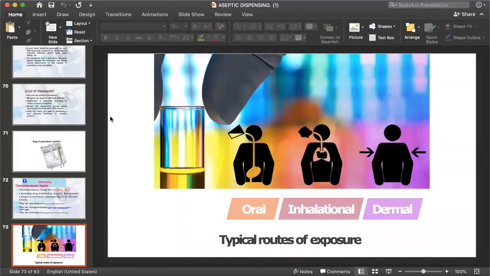You can inhale the fumes of these drugs through the nasal route, and with dermal contact, drugs can be spread over the body of the worker and produce certain effects. So these are the routes of exposure of these hazardous drugs to the healthcare person. That's why dispensing and reconstituting of these drugs must be aseptic, controlled, and handled safely.